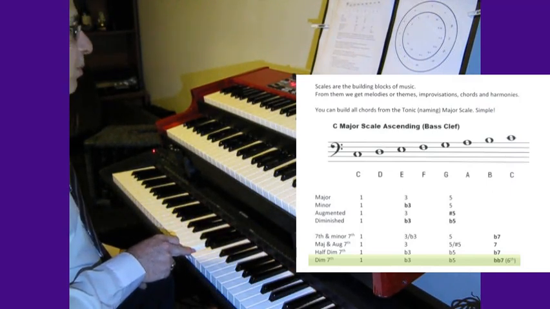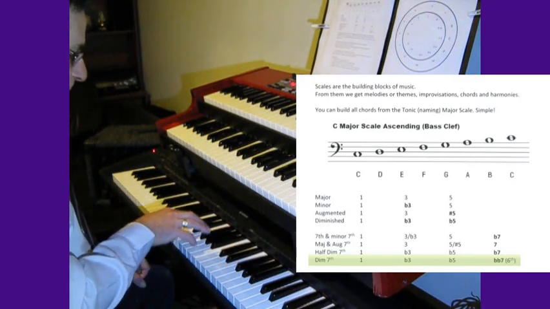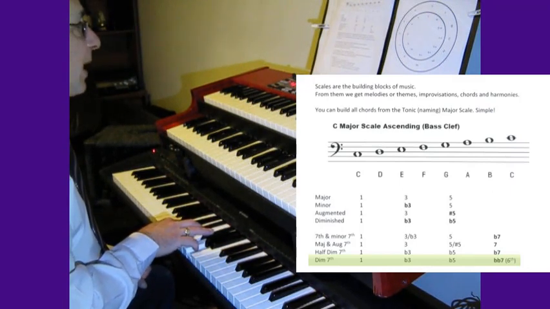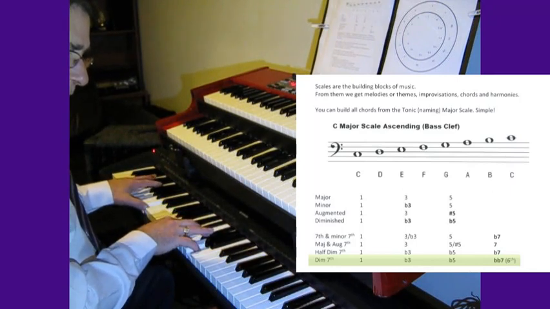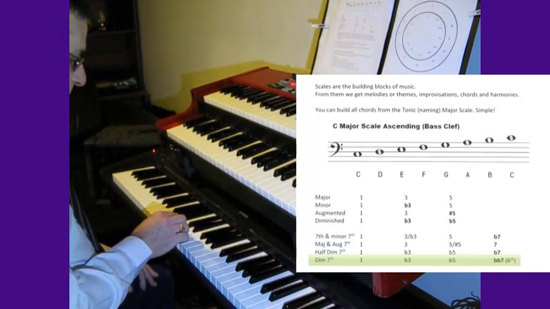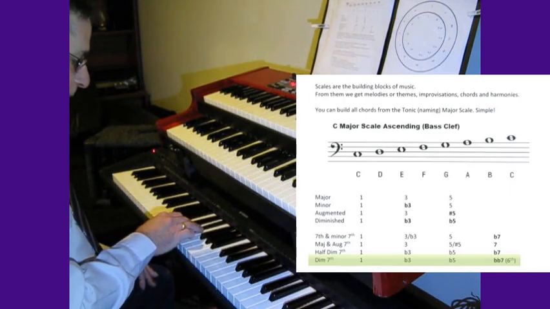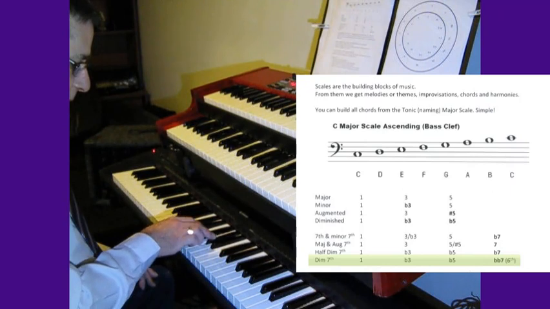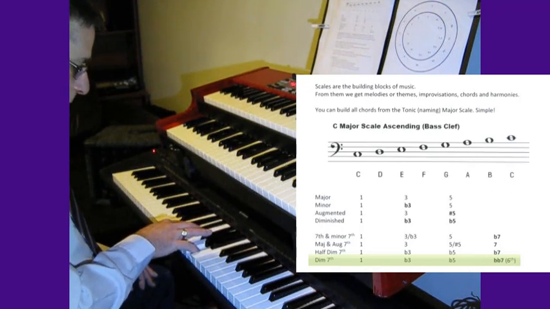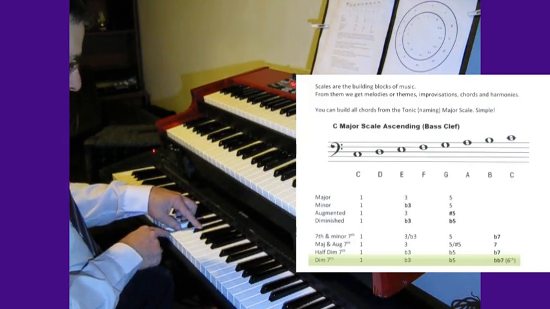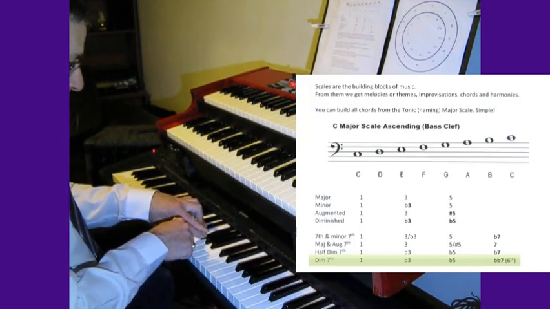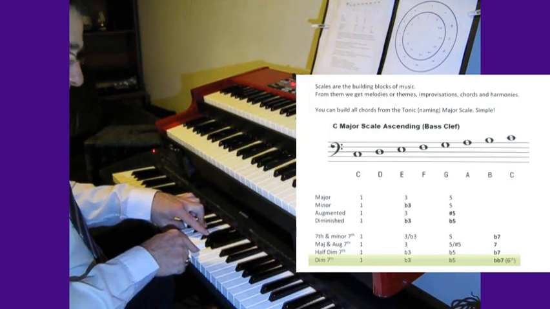The double flat seventh will be the sixth note of the scale, and that's the full diminished seventh. Very sad sound, so it's made up of a minor third, a minor third, a minor third. So from C, it's 3 semitones, 3 semitones, 3 semitones.